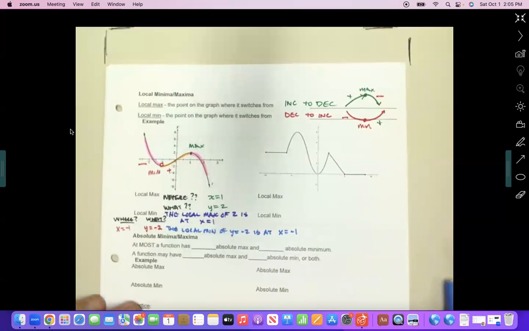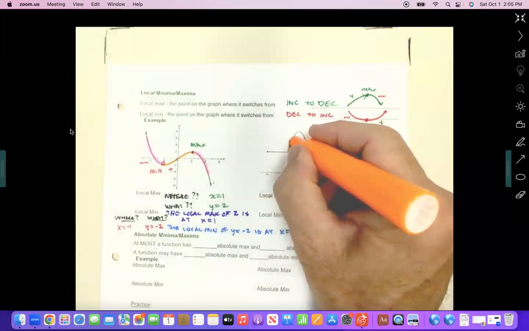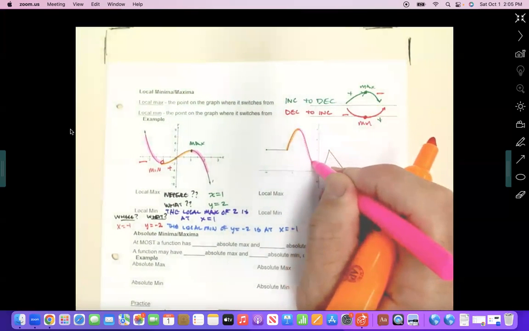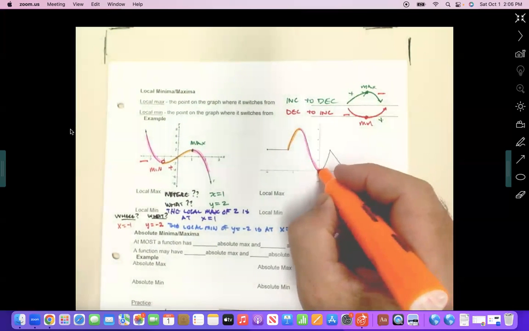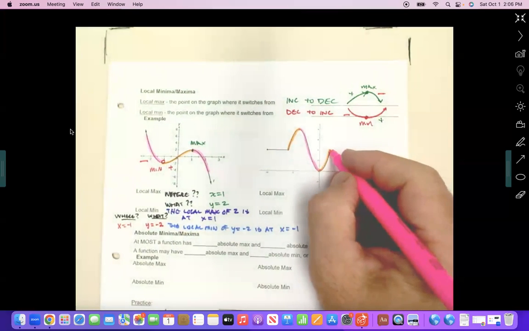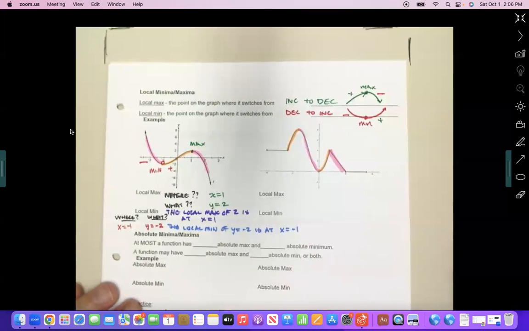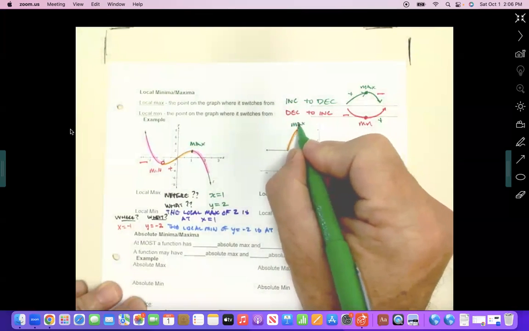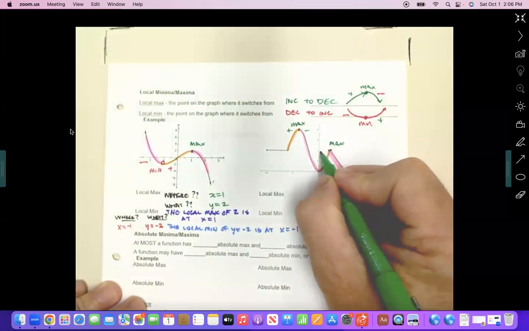And let's take a look at our next one. In this one, we had a local max when we went from increasing to decreasing here, a local min when we went from decreasing to increasing at the origin, and then finally, as we go down and to the right, we have a maximum. So in this one, we have two local max, where we're going from increasing to decreasing in each one of these.